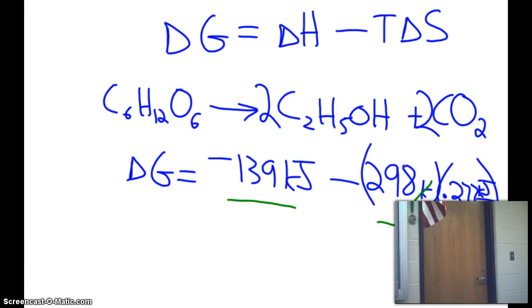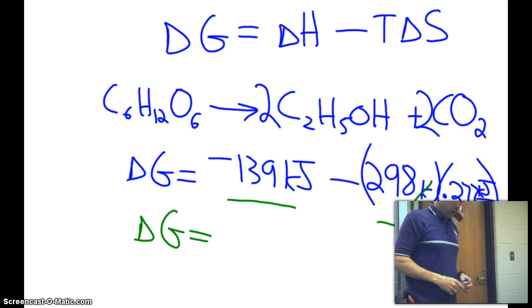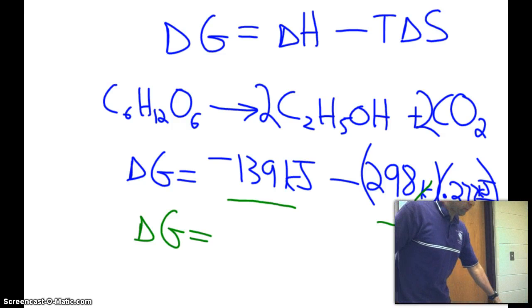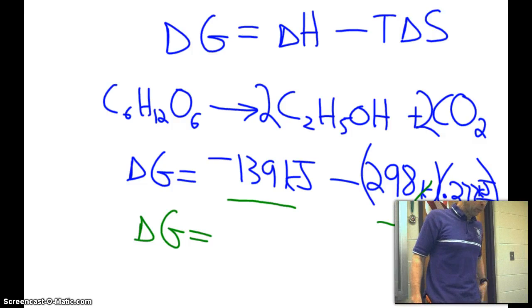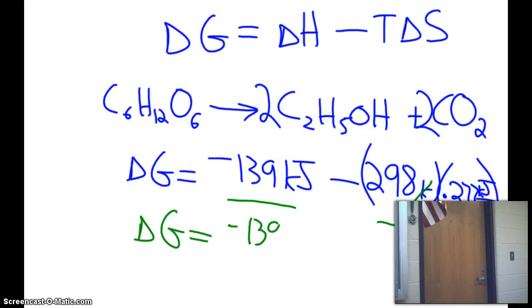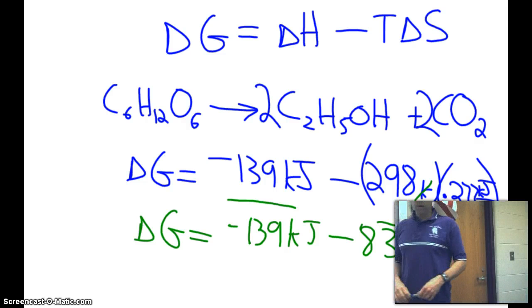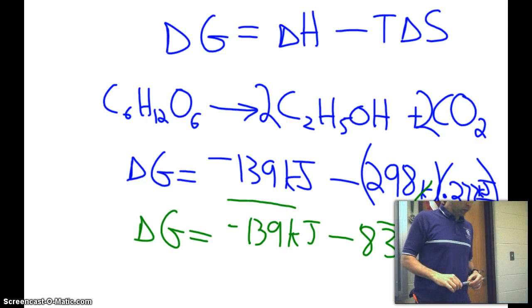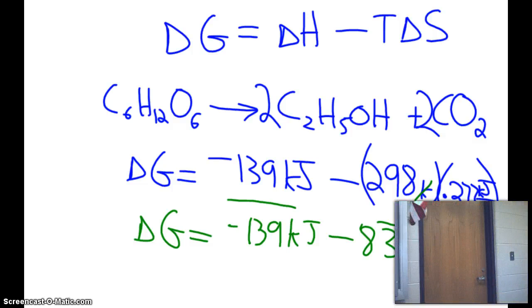So you go ahead and multiply the 298 by 0.277, and you get 83. So negative 139 kilojoules minus 83 kilojoules, because that is a positive number there, and you get a final answer of negative 222 kilojoules.